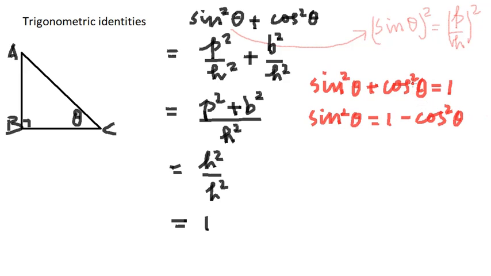Okay, if we take cos squared theta to the other side, we get this. So sine theta will be equal to root of 1 minus cos squared theta.